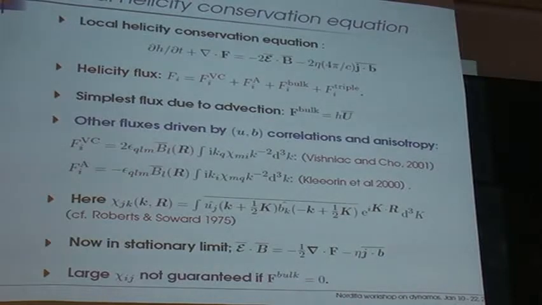Or the fact that you want to understand why your system behaves in a particular way, why do you have catastrophic quenching, for example, in the periodic box simulation? If you want to develop a conceptual understanding of this, or of what you could do to prevent such things, and what the escape routes are, then the helicity conservation equation plays a useful role. So it is not a substitute for solving the induction equation in its full glory.